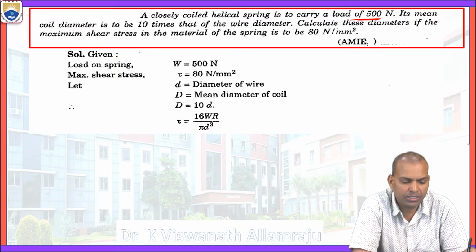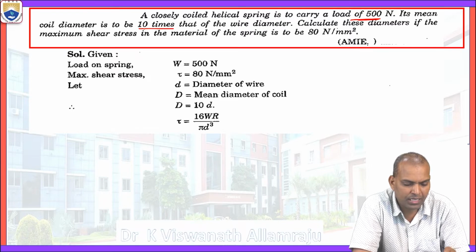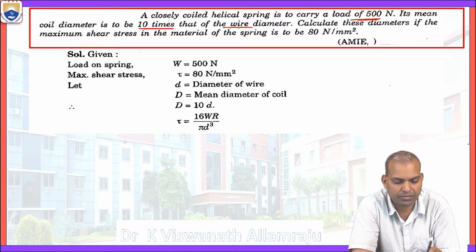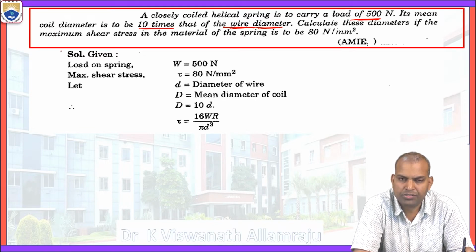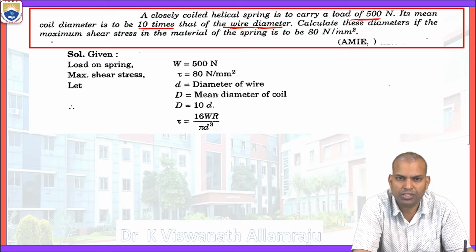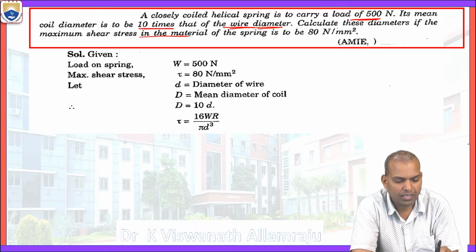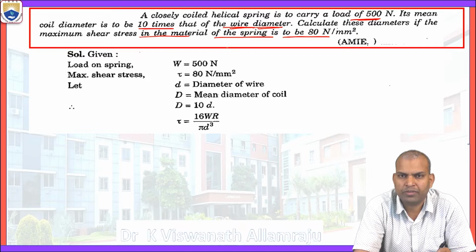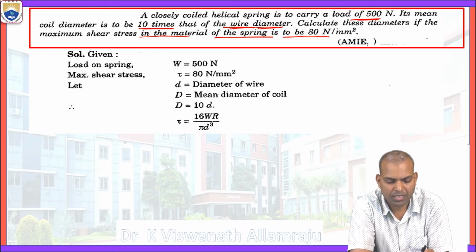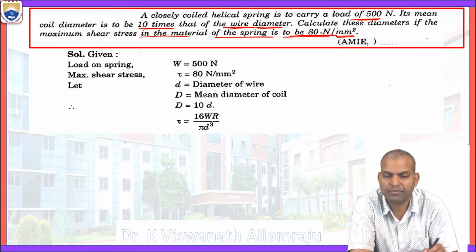Its mean coil diameter is to be 10 times that of the wire diameter. Calculate these diameters if the maximum shear stress in the material of the spring is to be 80 Newton per square millimeter.